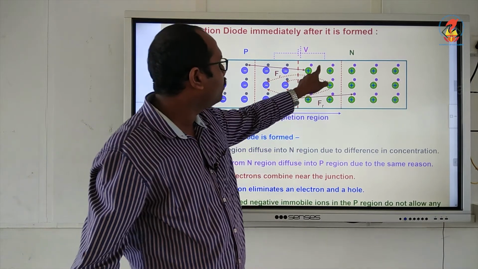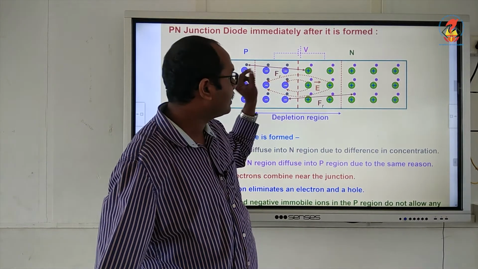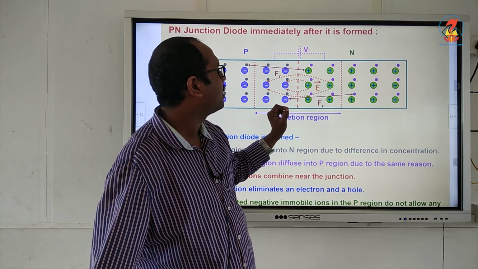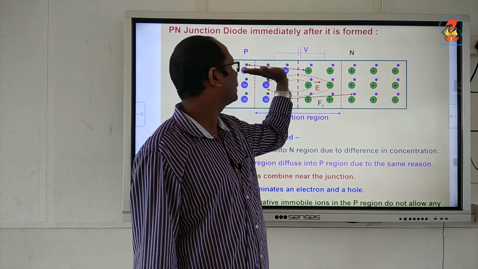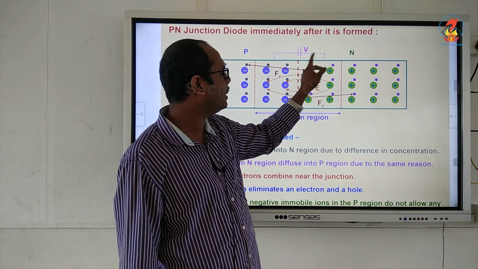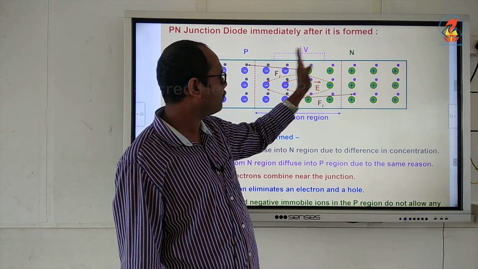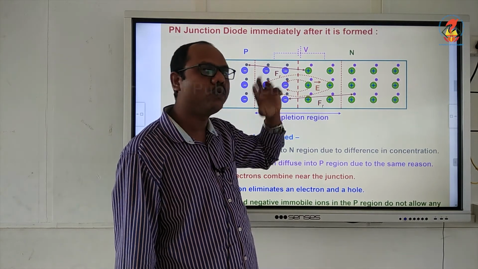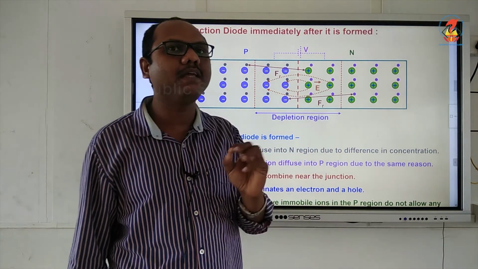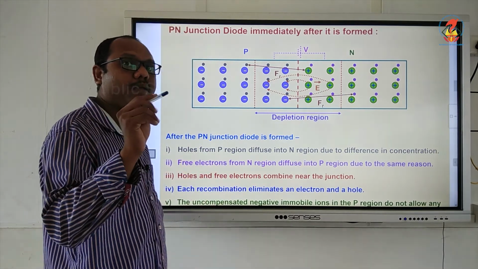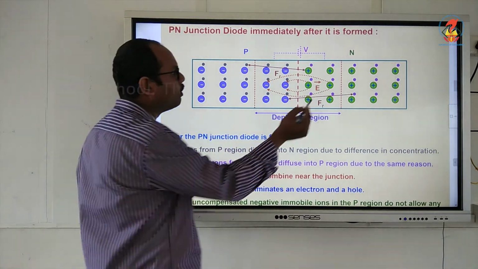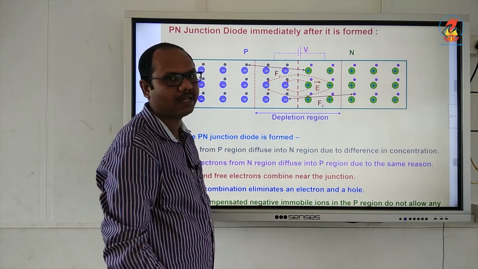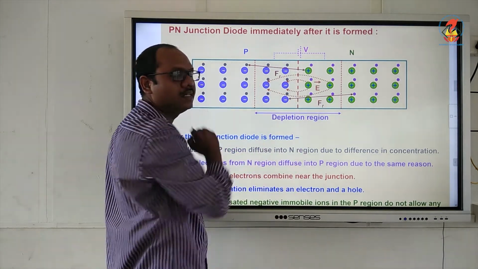The direction of the electric field will be in this direction, because positive holes came from here and negative electrons came towards this side. So in the depletion region, there will be an intrinsic electric field from the N side towards the P side. That means here to here.